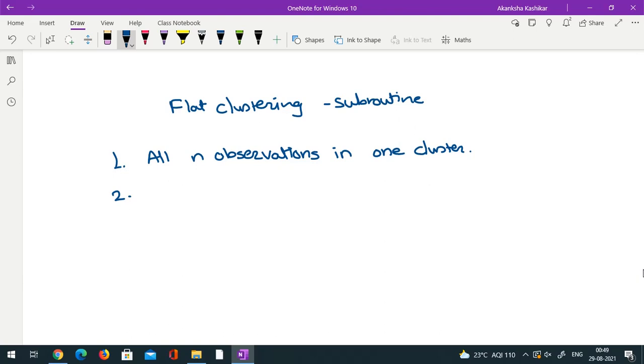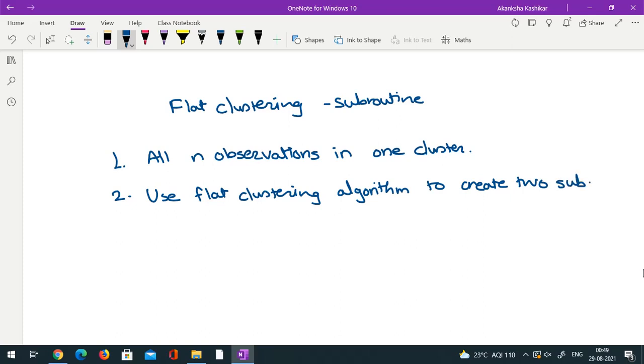I use a flat clustering algorithm to create two subgroups or two clusters from this one. Basically to create two clusters means to split the cluster into two parts.